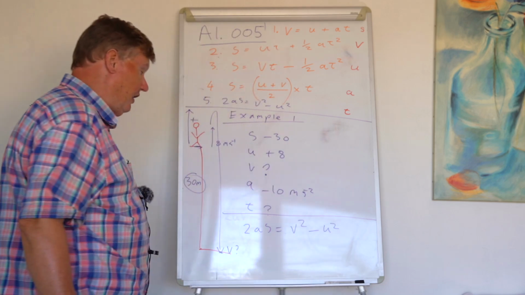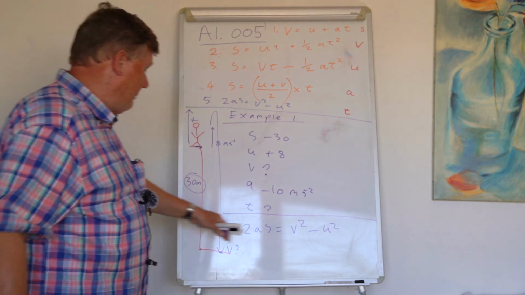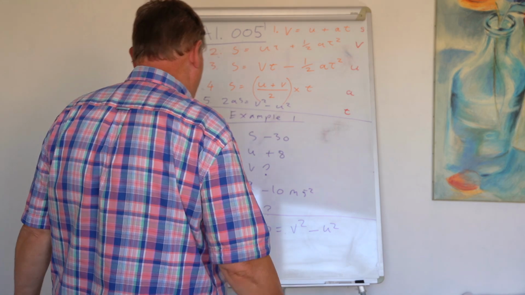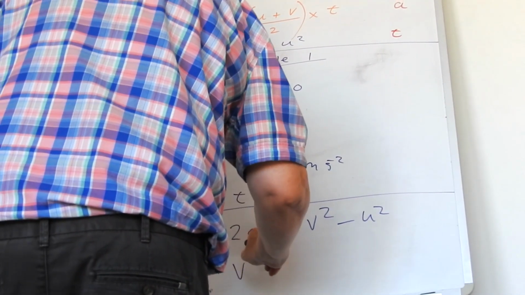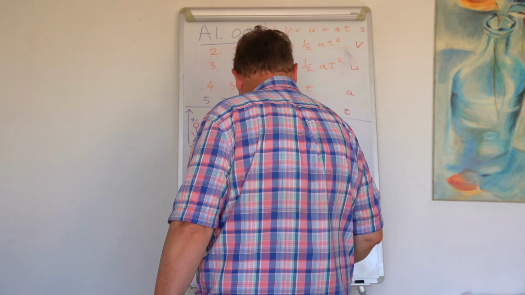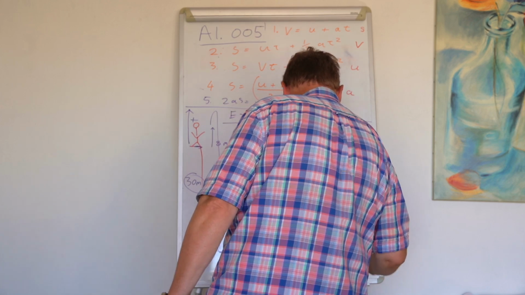That's how I think of it. It's also v squared equals u squared plus 2as, but I prefer it that way around. All right. And I want to find v, so in fact I'm going to put v on one side. So v squared equals, if you think about this, if I add u squared to both sides, u squared plus 2as. Are we cool?